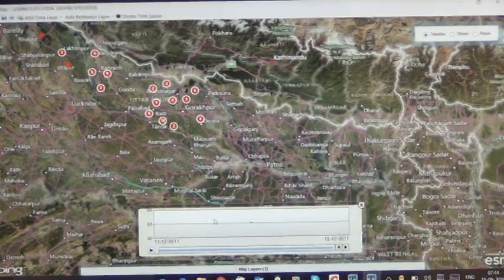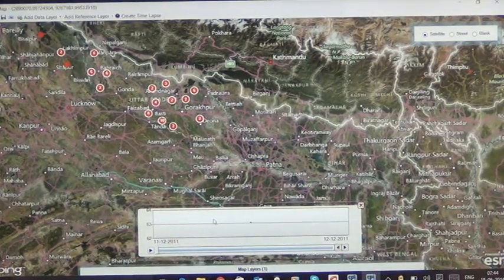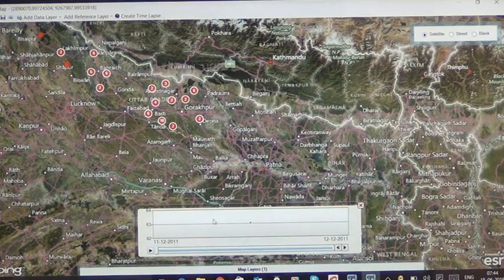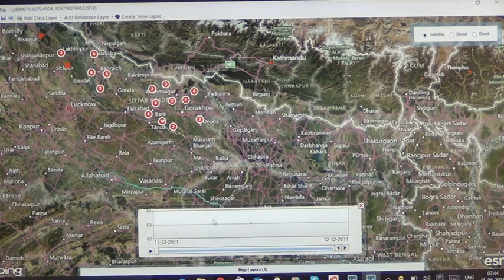So when this is so, this latitude and longitude information makes us make these maps, micro maps through a software.